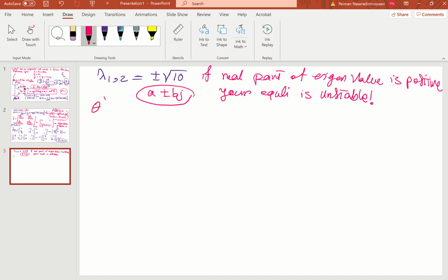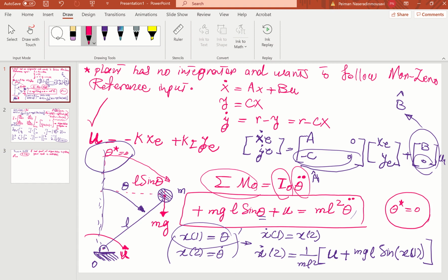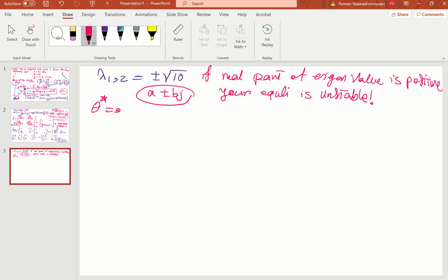So we see that theta equal 0 is unstable, and this is because, by assumption, there is no friction here as we did, so if we leave it here, it's going to move. There is no stationary point here, it's going to move, so it's unstable.